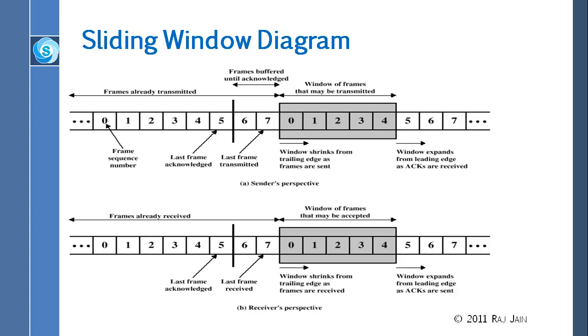Alright. So the numbers are 0, 1, 2, 3, 4, 5, 6, 7, then 0, 1, 2, 3, 4, 5, 6, 7 again. And suppose the receiver wants 5 packets outstanding. It wants to use a window of 5. So now let's see what happens. We have sent 7.